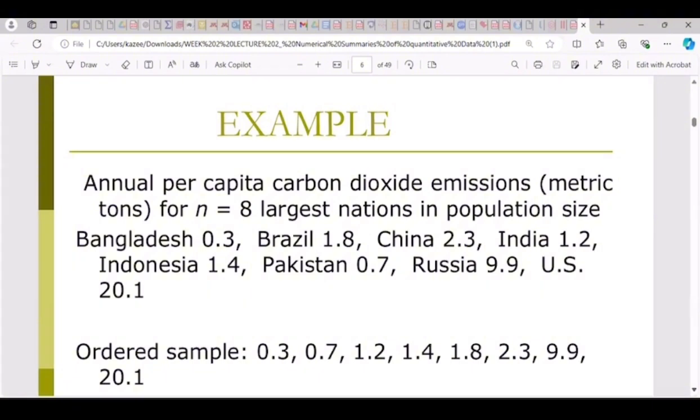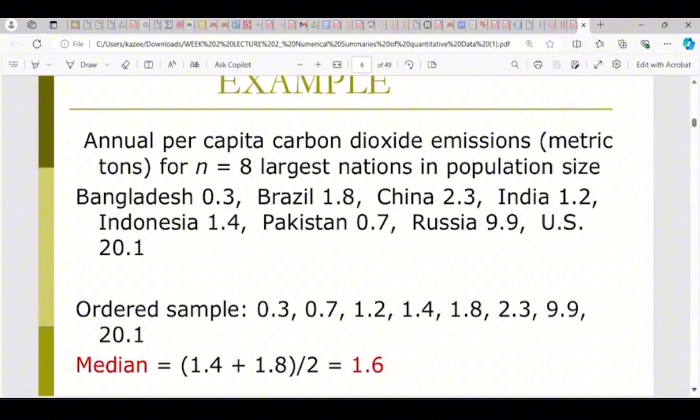There's a possibility you don't have a particular data point that occurs more frequently, like this one. If you take a look at this data set now, there's no data point that is repeated, from 0.3, 0.7 up to 20.1. That is one of the reasons, because mode may not exist.